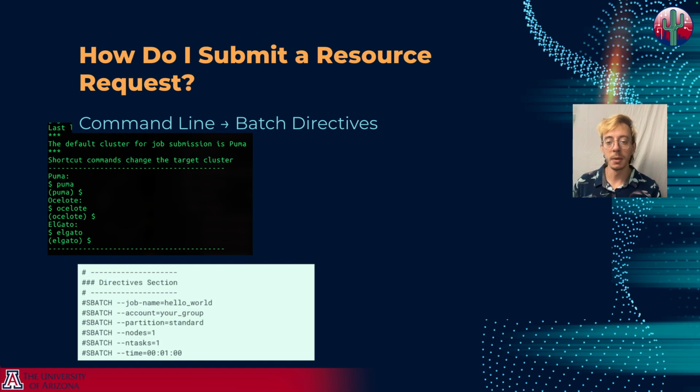So again, for example, ntasks here, this refers to the number of CPUs that you're asking for, and in this case, you would actually be able to put in a number up to the number of CPUs that are in the entire cluster.